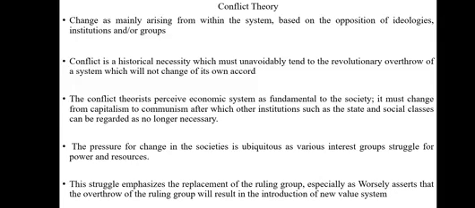According to conflict theory, change mainly arises from within a system. In this place, change arises from within the system, not from outside. We are coming to that as well, not exogenous. It's within a system, and it is because of opposing ideologies or institutions.